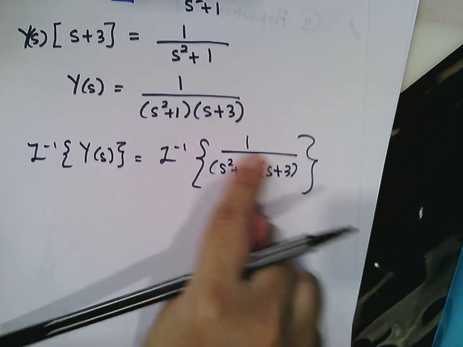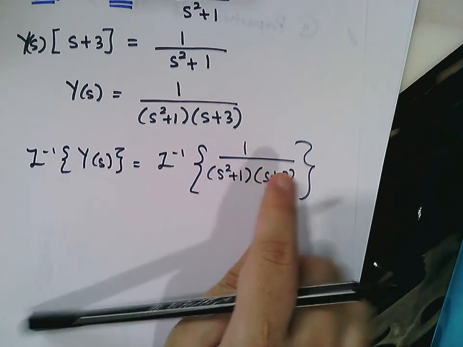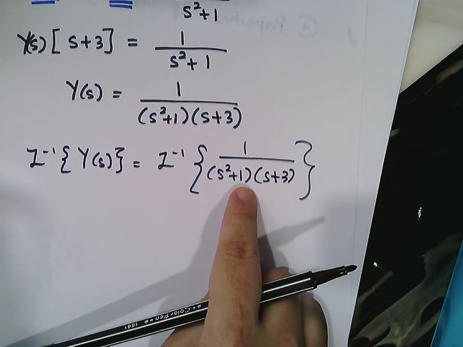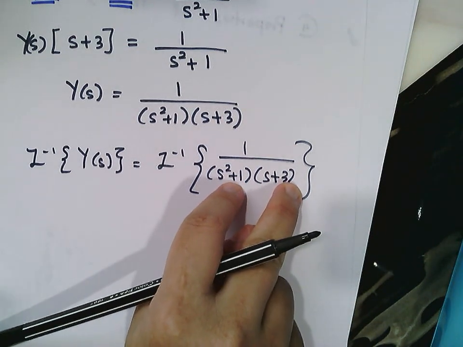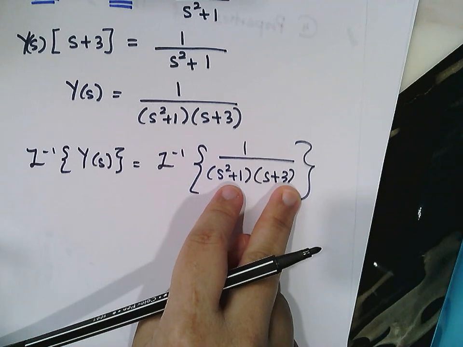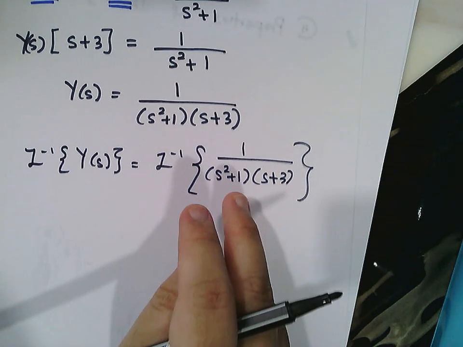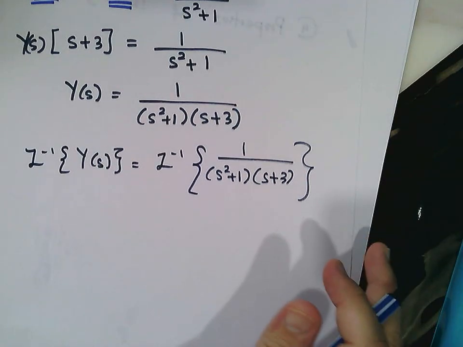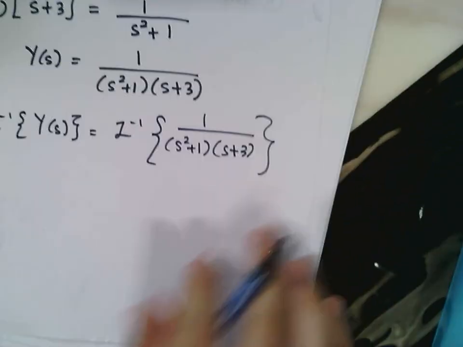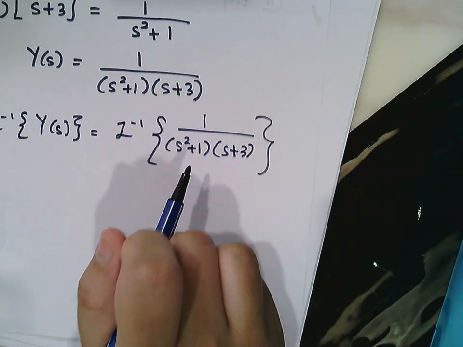Okay, so now check first, can you get this one directly from the table? The answer is no. Why? Because you have two terms for the denominator part here. So if you cannot find it directly from the table, you need to come up with properties. So which property is suitable for you to find the inverse of this function?